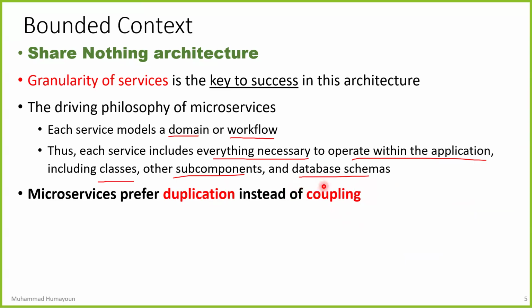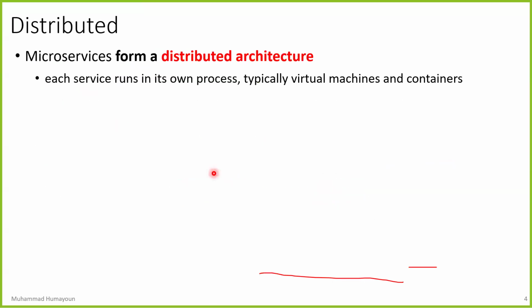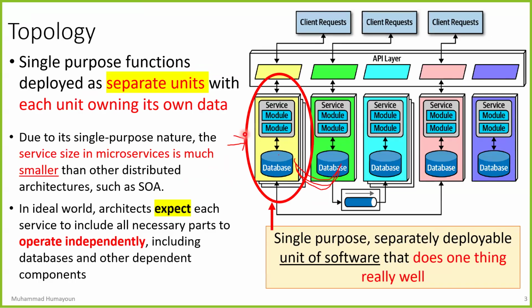Here we want to isolate services as much as we can. So granularity of services means, just like a grain of rice, one service is really solid. Everything happens within itself, but it does not depend on other services.